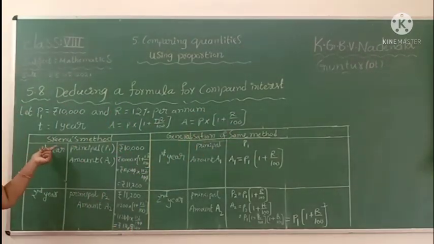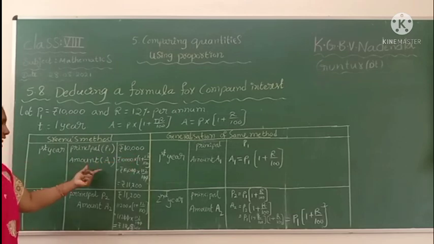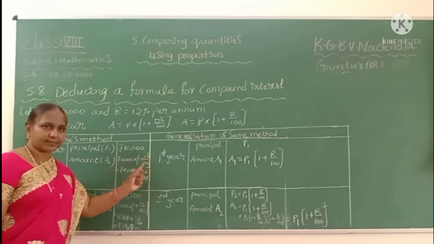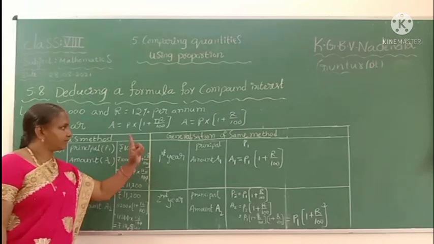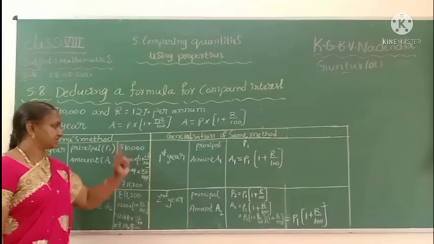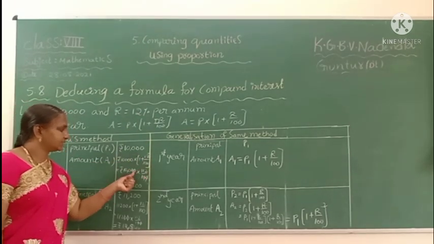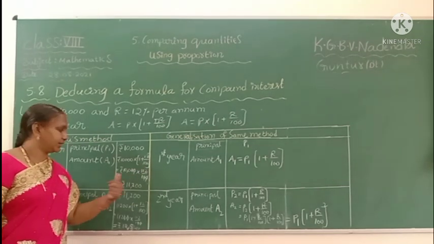Srinu's method. In Srinu's method, first year principal is 10,000 rupees. Then amount is equal to P into 1 plus R by 100. Now 10,000 into 1 plus 12 by 100, here R is equal to 12%. Now 0 0 cancel, 0 0 cancel, 112 into 100, that is equal to 11,200 rupees.